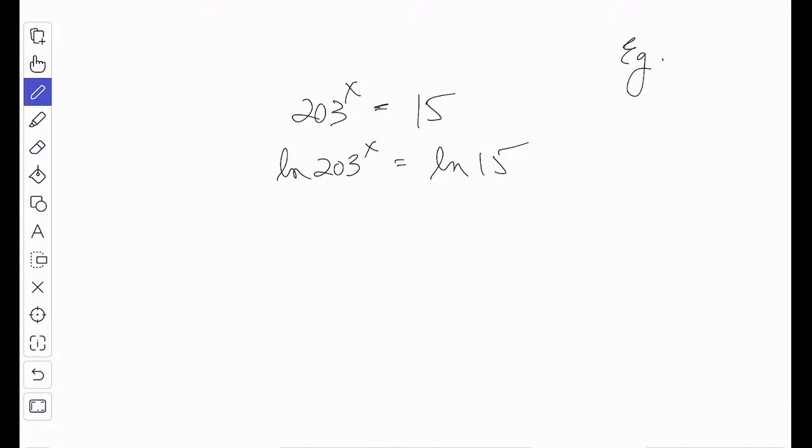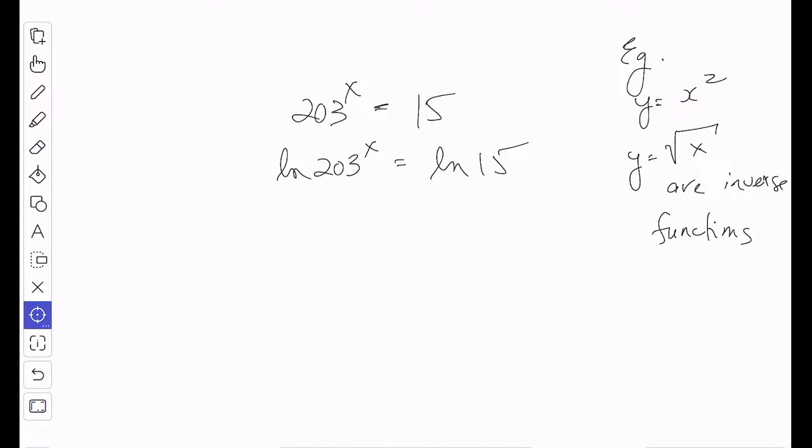Like x squared and the square root function are inverse functions. So now the variable is here, not in the top, right?